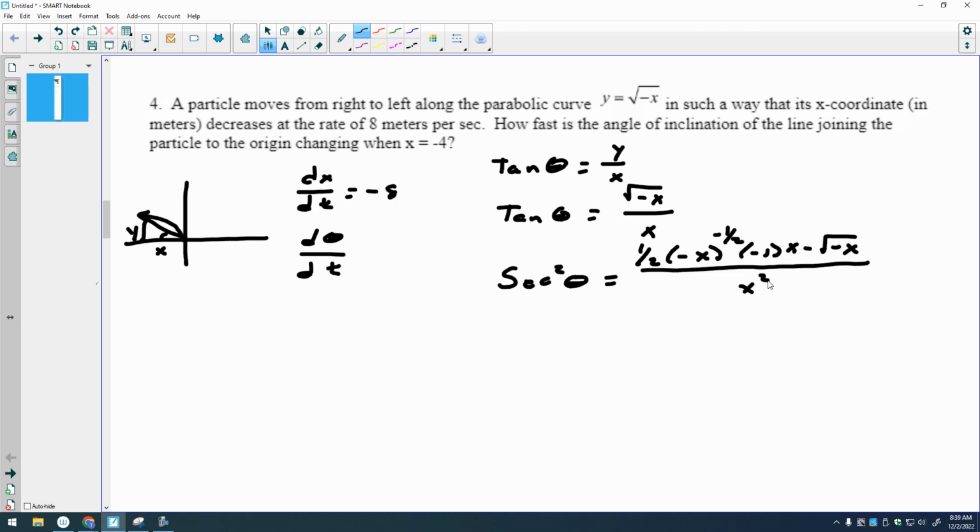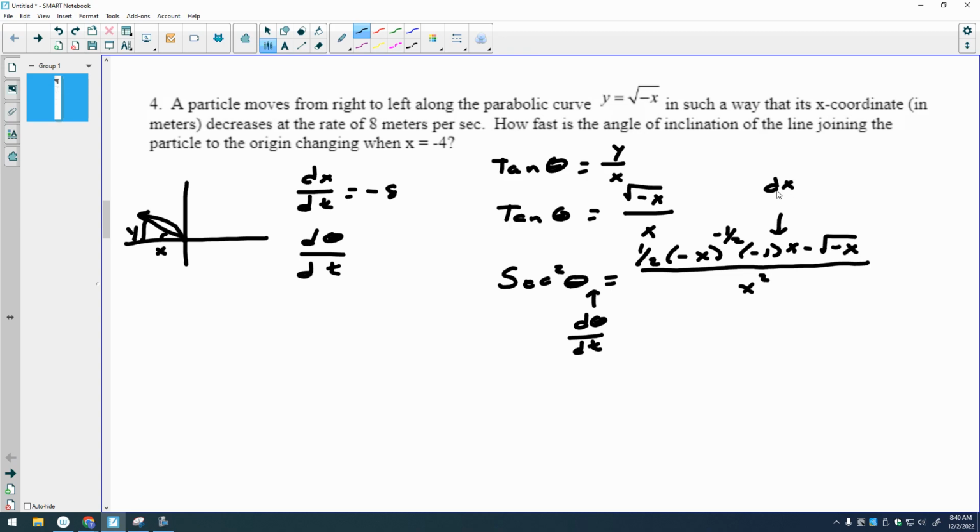At this point in time, oh, I missed something. Wow. I missed a whole lot of something. I forgot my dx/dt's and my d theta/dt's. I hope you were yelling at the screen. That should have a d theta/dt on it. And this right here, derivative of the top, should have a d theta/dt or dx/dt sitting right there.